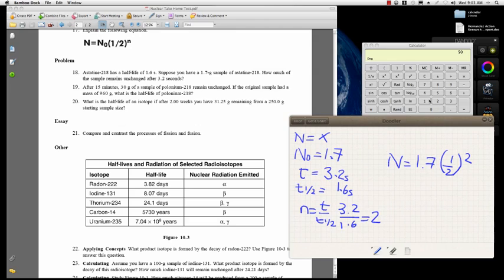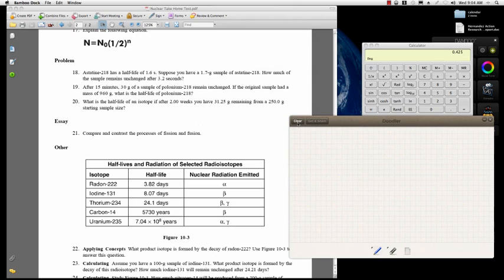We do that calculation, 1 divided by 4, and multiply that by 1.7. We get 0.425 grams. That's how we do that problem.